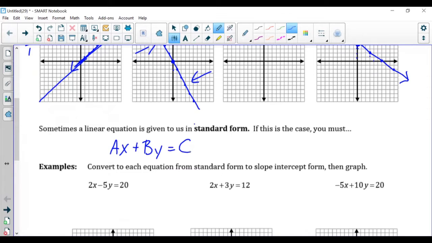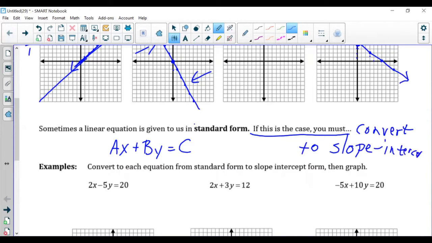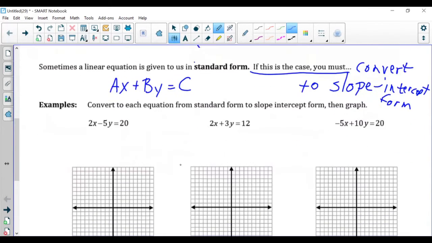If you get one that's in standard form, the first thing you have to do is convert it to slope-intercept form. So let's convert these to slope-intercept form from standard form, and then let's graph them.